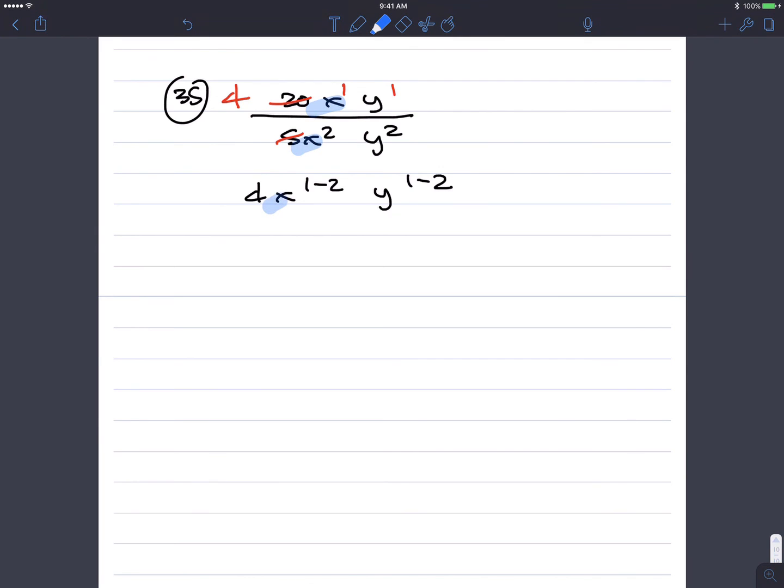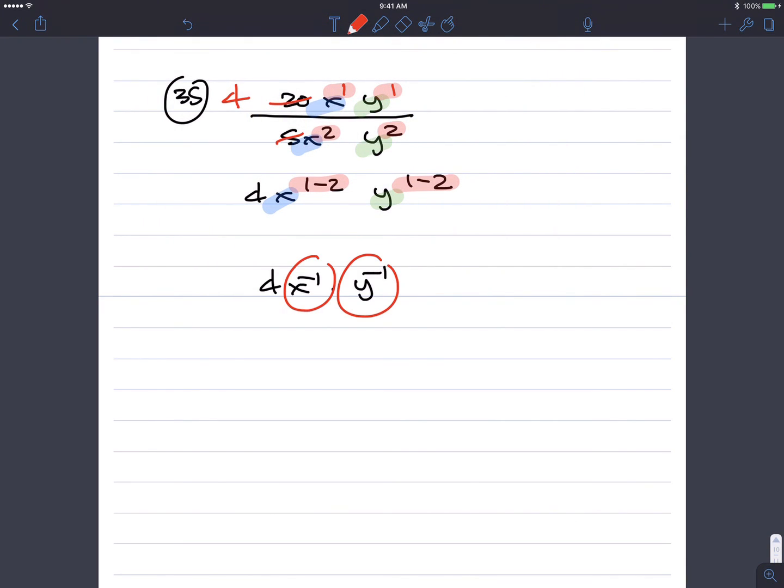X, x, x. Y, and your y. Don't forget you have to take 1 minus 2 here, there it is, and 1 minus 2, here it is. You end up with 4x to the negative first power times y to the negative first power.